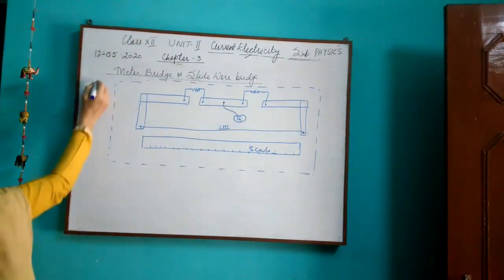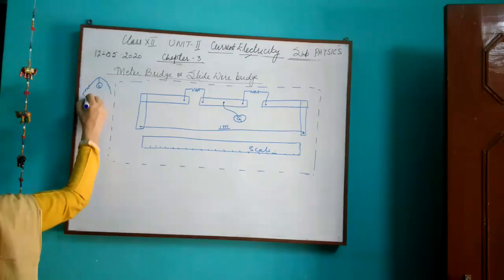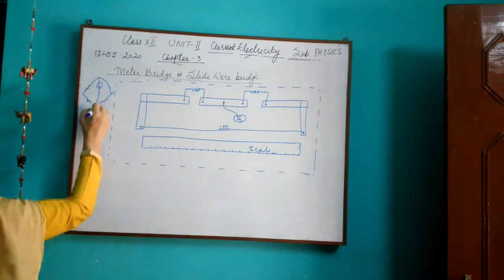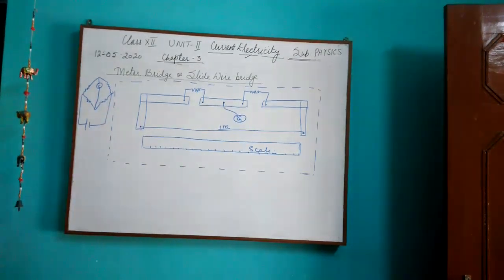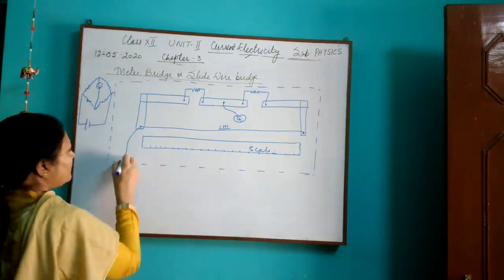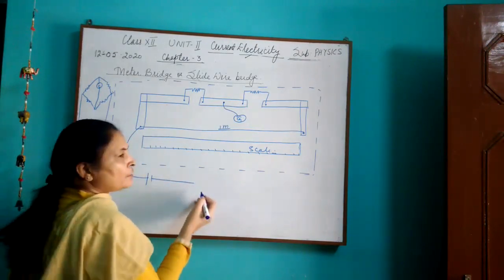You remember that this is the Wheatstone bridge. A galvanometer, one wire, and then one wire. This is the arrangement, and there is a potential difference over here. Now we'll attach a battery. We can use a key also.